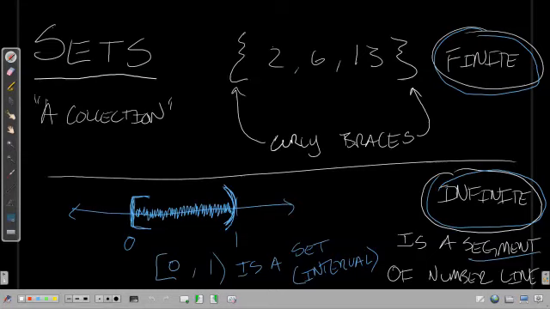Yes, because I said for this blue writing down here, we said that this was going to be all of the numbers between 0 and 1, but it would include 0. So this would be the collection that was bigger than or equal to 0, but less than 1. Okay, great question. Thank you.